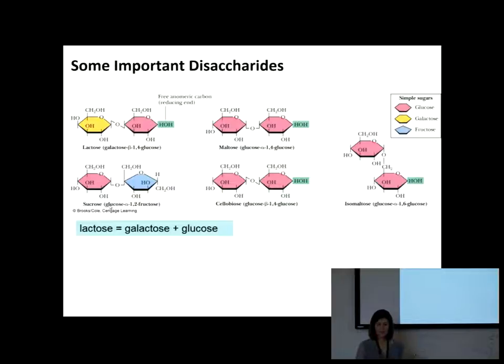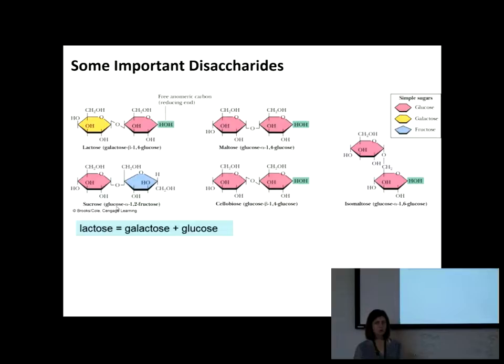All right, sucrose is glucose and fructose in an alpha 1,2. Now, what I want to point out to you guys is that I can show you these sugars and you can tell me what kind of sugar it is. Or if I ask you, sucrose, what are the sugars involved and what bond makes them up? I think that's fair.